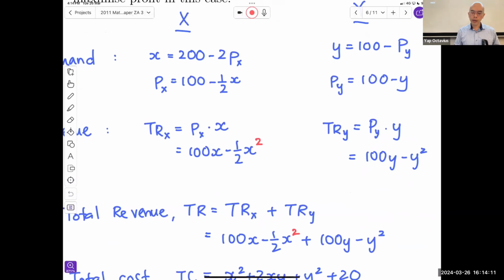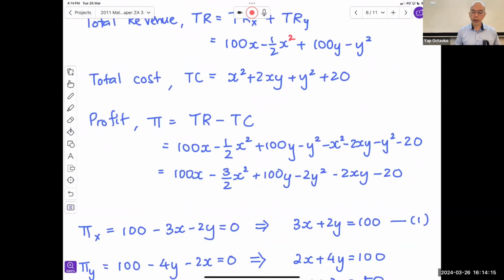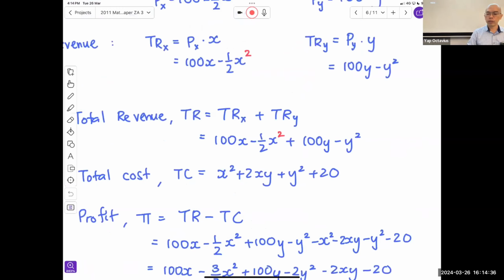So over here, the one that we need to take care of is your revenue function, because now x equals y. So you change everything to x or you change everything to y. Then you do differentiation again.